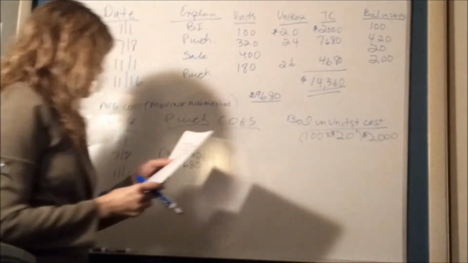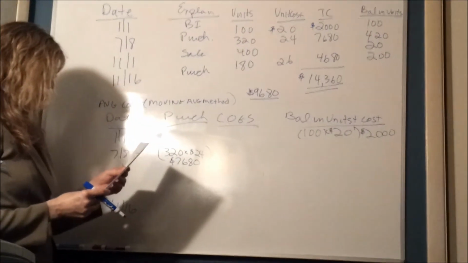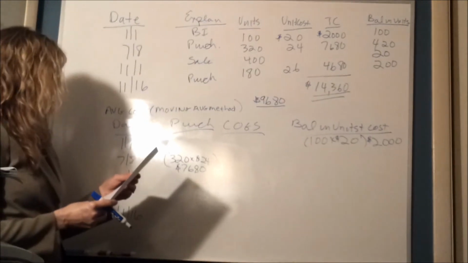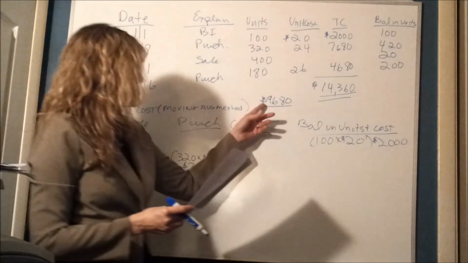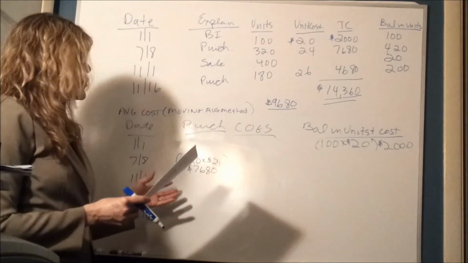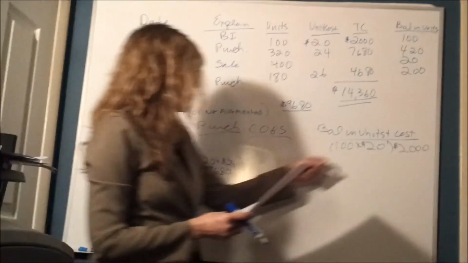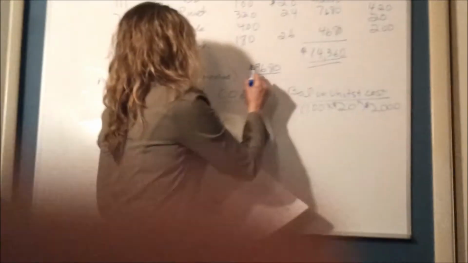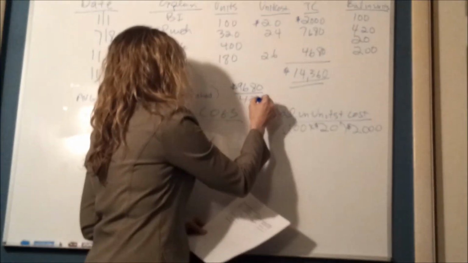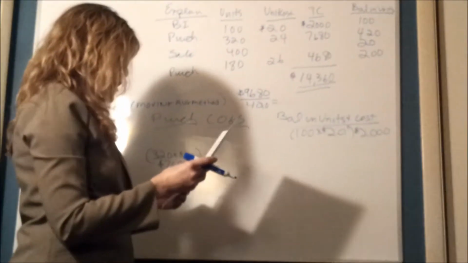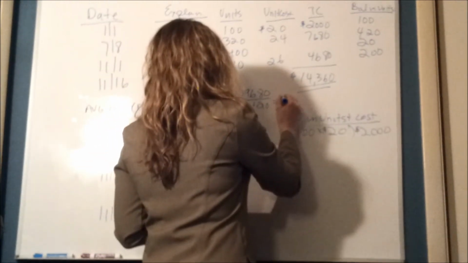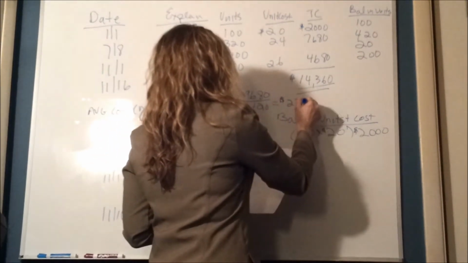We now need to divide that total amount, $9,680, by the number of units we have. Right now we have 320 plus 100. We have 420 units.